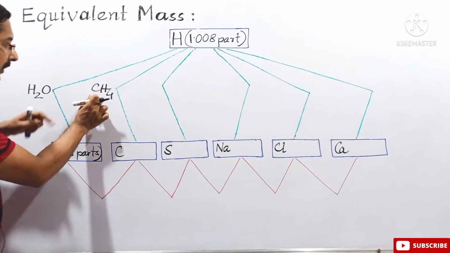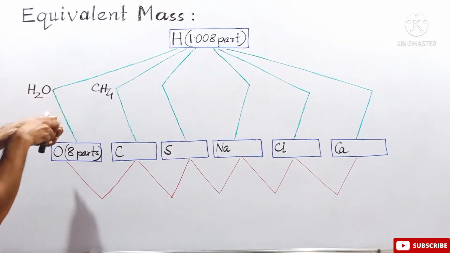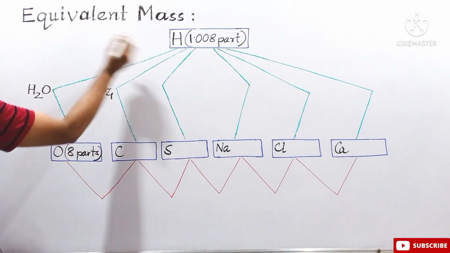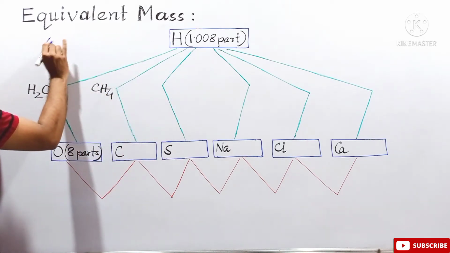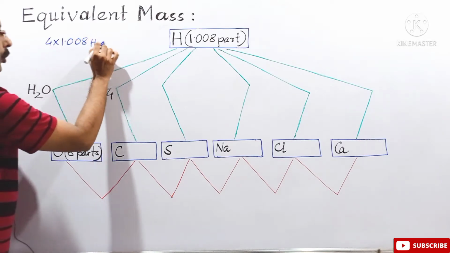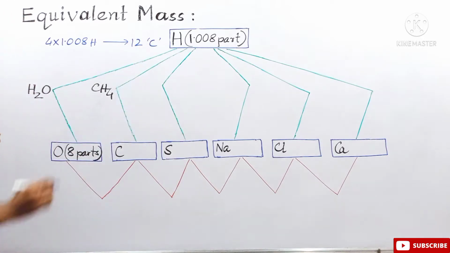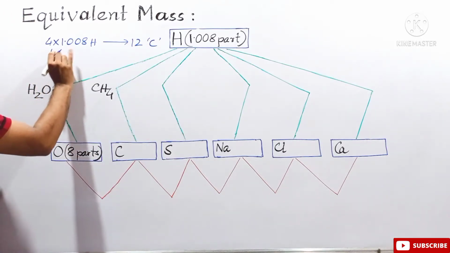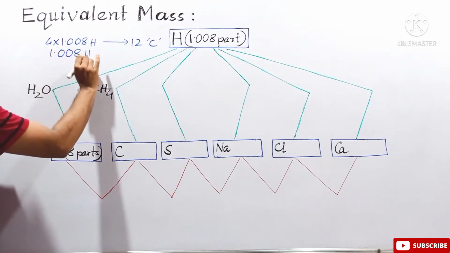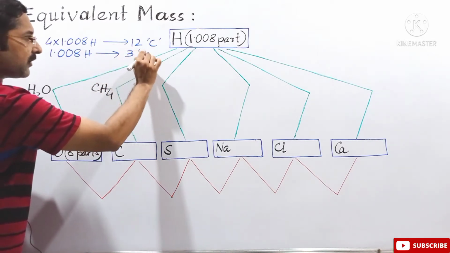So now what will happen in methane? For the formation of methane, we can write 4 into 1.008, isn't it? 4 into 1.008 part of hydrogen will combine with 12 parts of carbon, right? So this 1.008 part of hydrogen will combine with how much? This is 3 parts of carbon, isn't it?